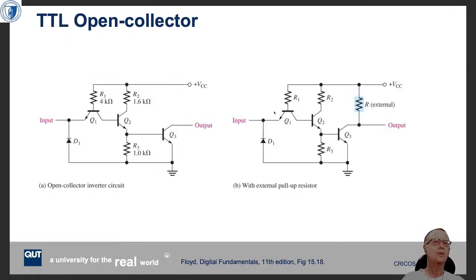Right, so this is for the TTL example. The idea is that you would have an external pull-up resistor to allow you to supply that current.